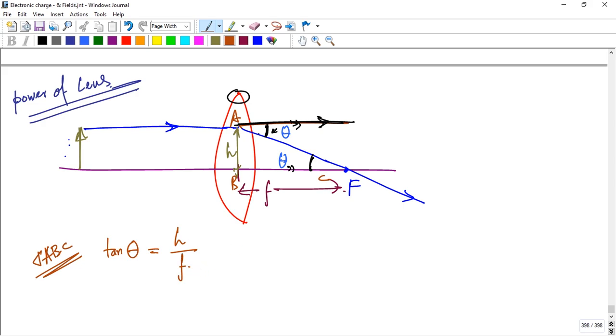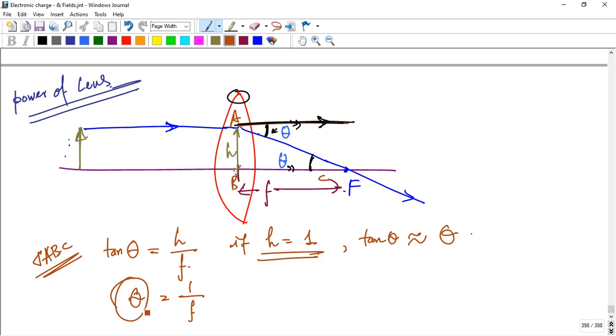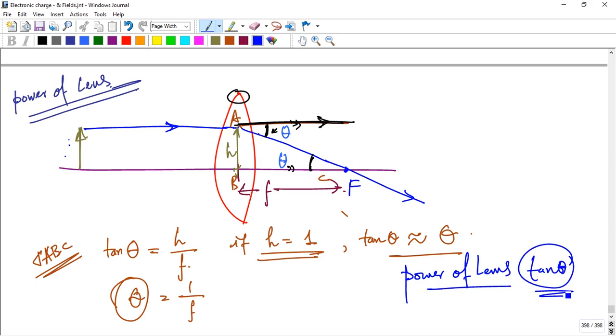If the height equals 1, and with the small angle approximation tan theta behaves as theta, then theta equals 1 by f. That is called the power of the lens. So tan theta is the power of the lens.